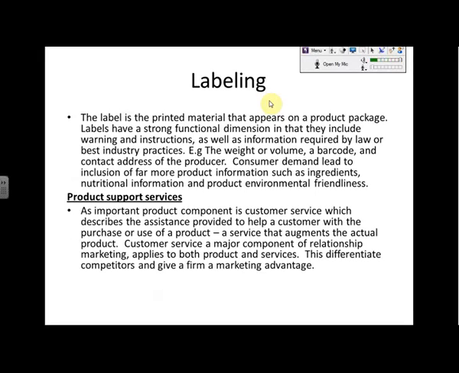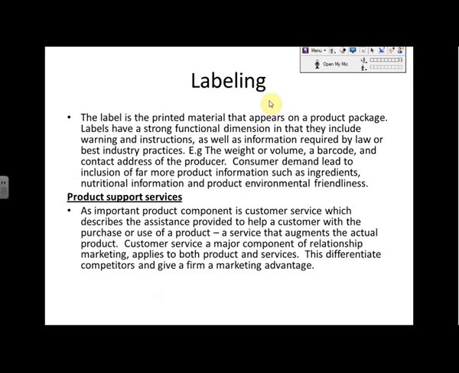For example, information like the weight, the volume, the barcode, or the contact address of the producer. You also look at consumer demand. It is also now leading to each and every product being labeled with information such as ingredients, nutritional value, and product environmental friendliness.